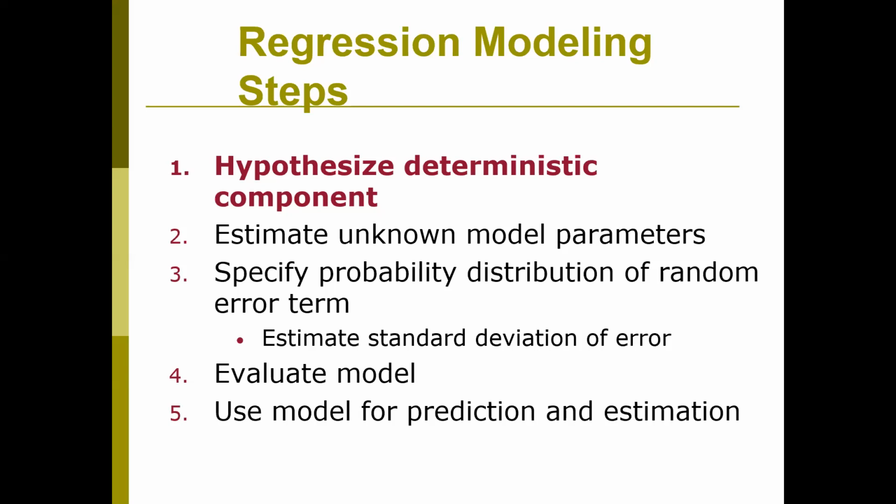Before I go into regression modeling steps, I'm going to cite examples of regression in the political environment, in the social environment, in the economy and so on. Let me first start from the political environment. For instance, if I want to investigate the relationship between political instability and the amount in millions of dollars a country borrows from the International Monetary Fund.